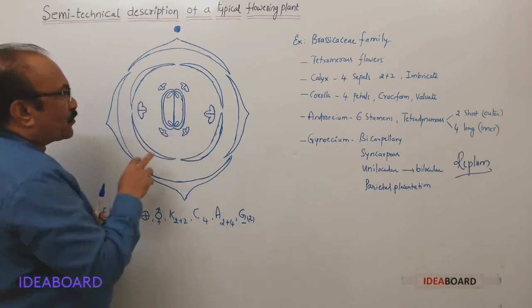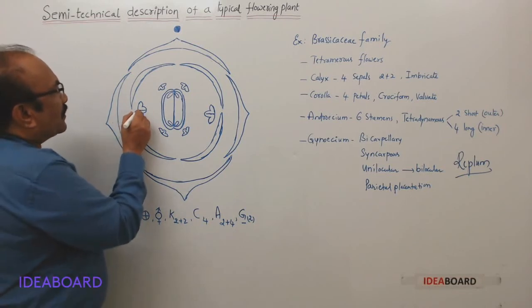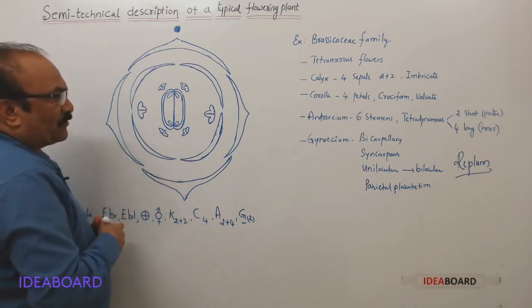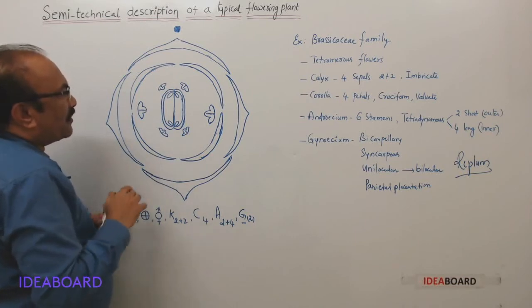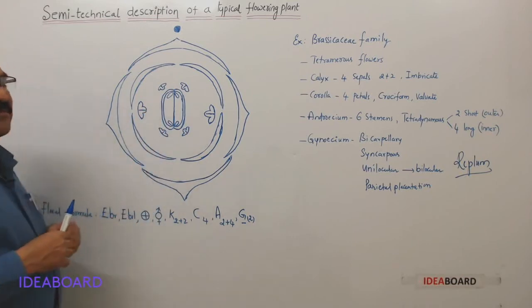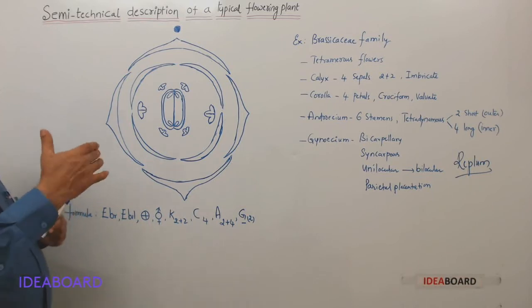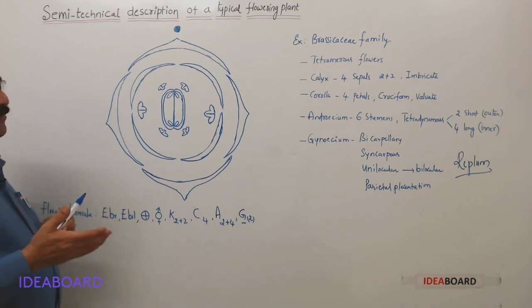So tetradynamous condition. And of course, in every anther there is one line that shows that they are dithecous anthers. And the lobes are facing towards the center, towards the gynoecium, that is called introrse. If they are reversed like this, outside, extrorse.